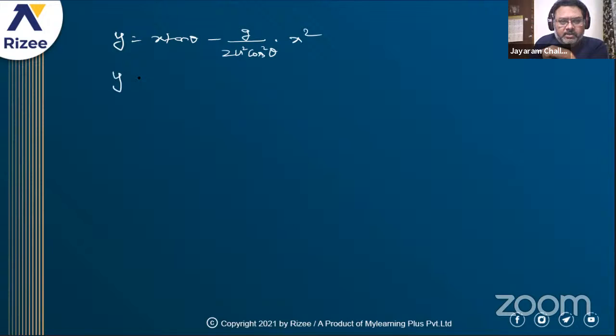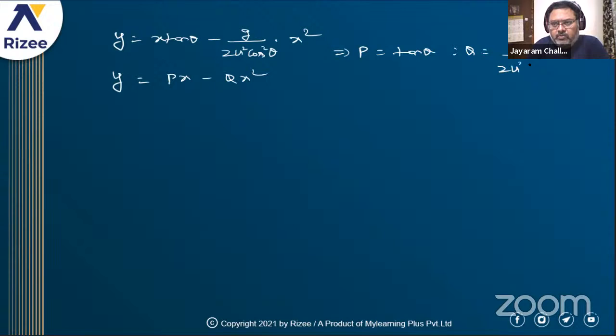This one he has mentioned as px minus qx square. So from this one you can say that p is equal to tan theta and q is equal to g by 2u square cos square theta.